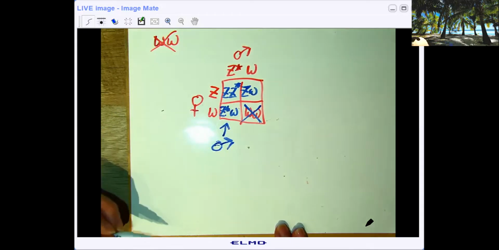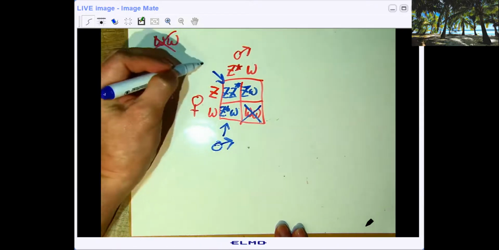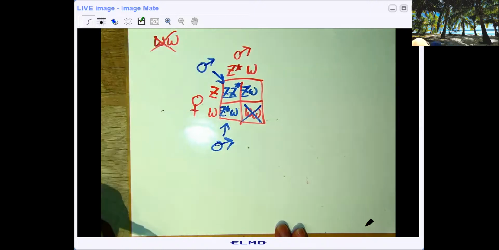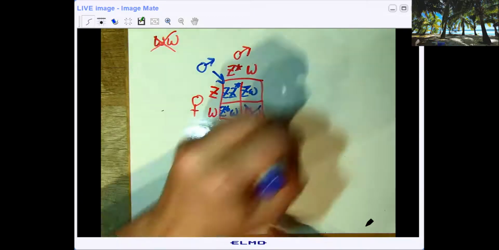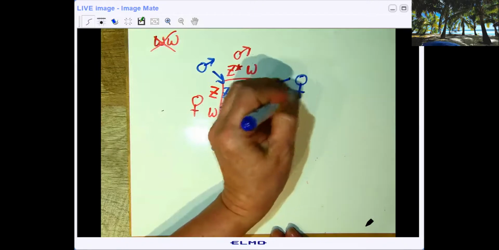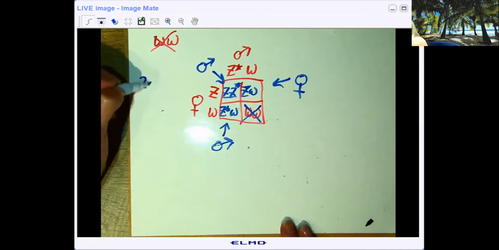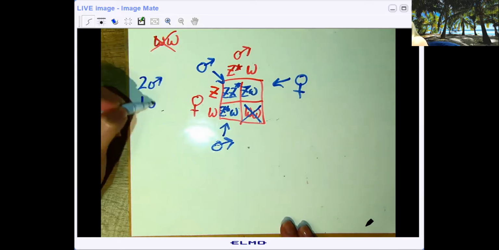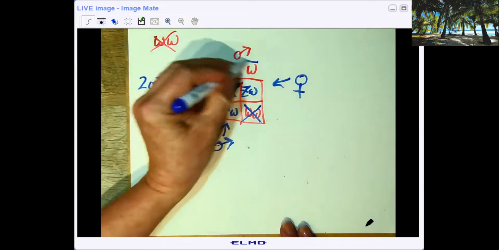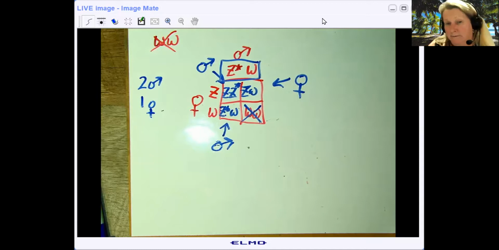That would be male. This offspring, Z0, that offspring would also be male. And this offspring on this side, W, that would be female. So if you look at this Punnett square, there are 2 males, 1 female. So our answer here would be that the male parent had to be Z0W.